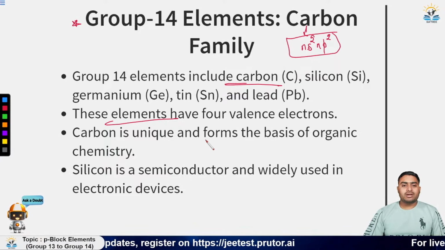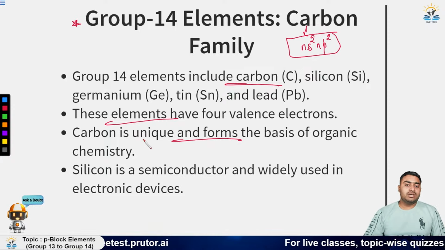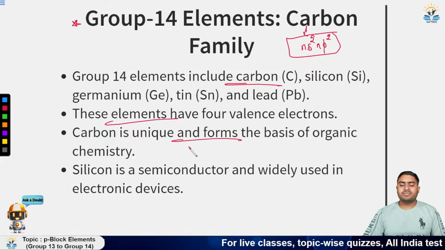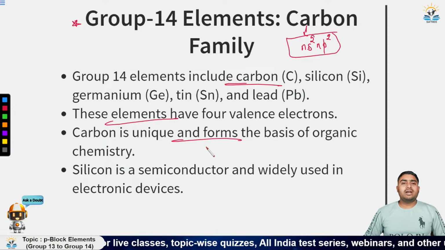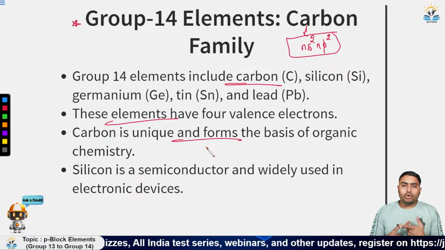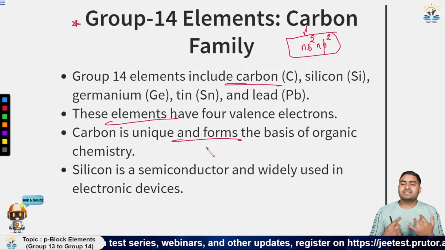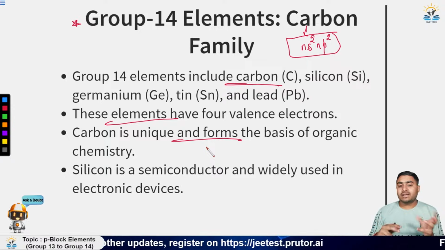Carbon is unique and forms the basis of organic chemistry. In organic chemistry basically we have to study carbon and hydrogen compounds, and with some other elements like oxygen, nitrogen, fluorine, sulfur, okay, with some other heteroatoms as well. So main atoms are carbon and hydrogen.